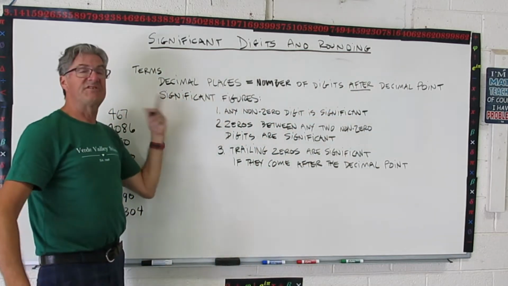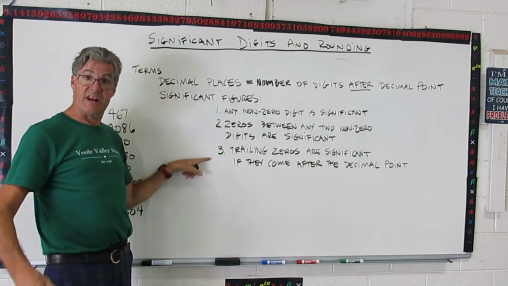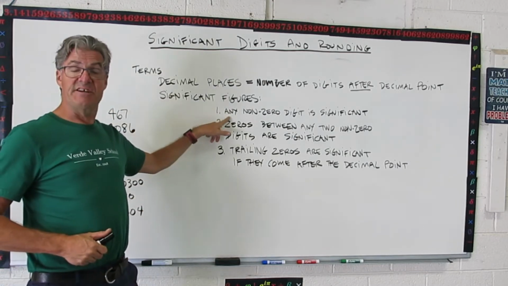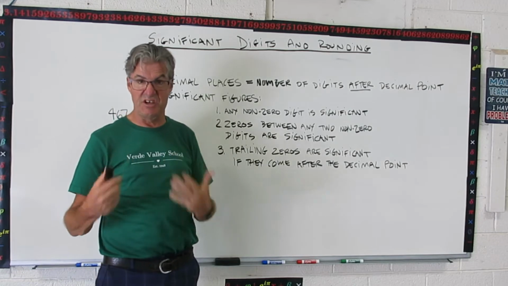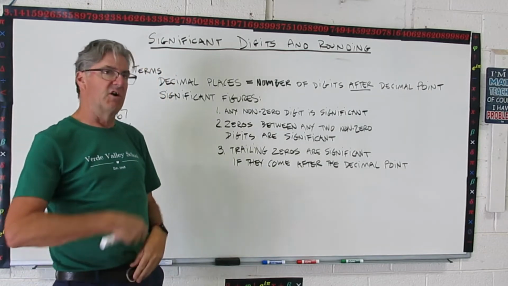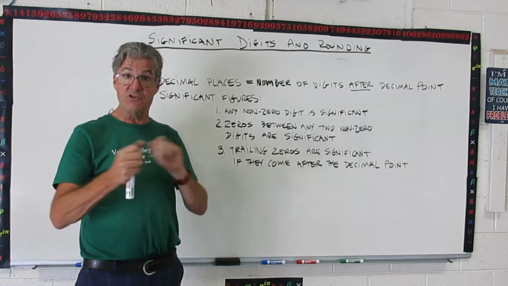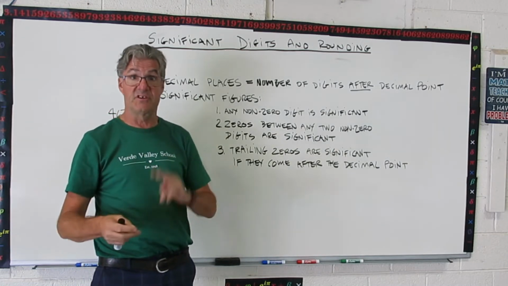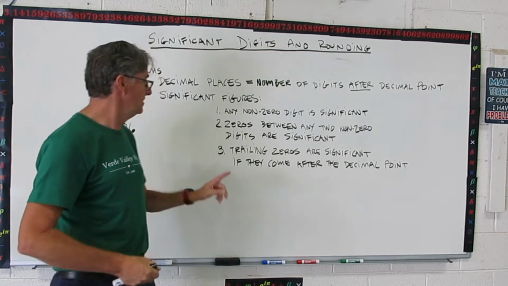Okay, second one is significant figures, and here are these rules that I mentioned. So any non-zero number is significant. So if you see a 5 in there, or a 7 in there, or a 2, each one of those is a significant digit. Zeros are where it's tricky, so the next 2 rules deal with the zeros.